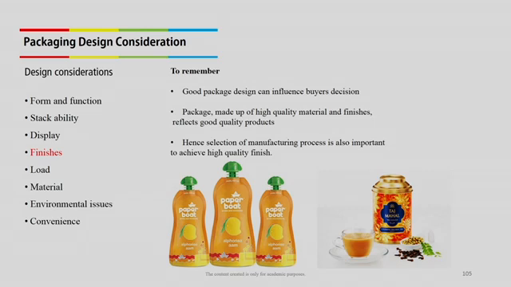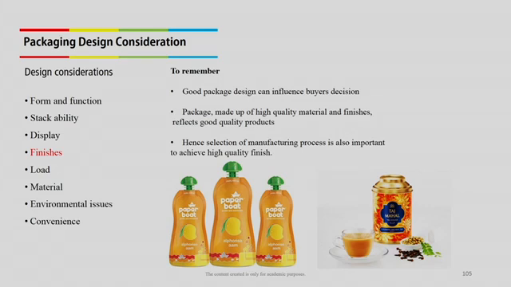The next thing to be considered is finish. The designer should remember good package design can influence the buyer's decision. A package made of high quality material and finishes reflects good quality products. Hence, selection of the manufacturing process is also important to achieve a high quality finish.